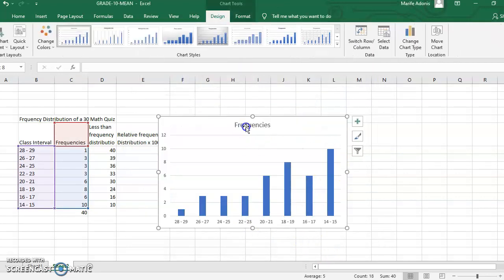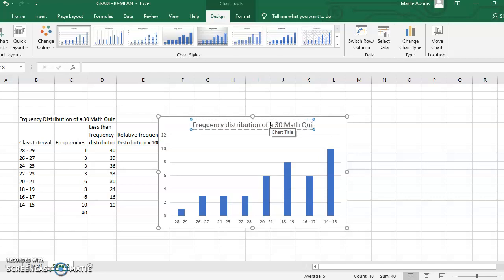Ayan, so, anong title nito? We have the frequency distribution of 30 math quiz.